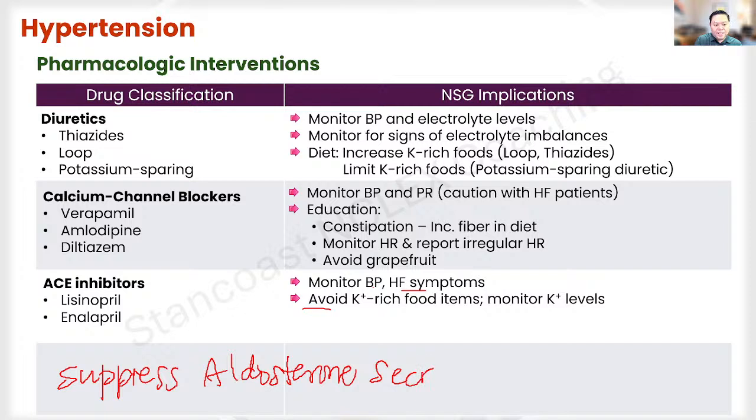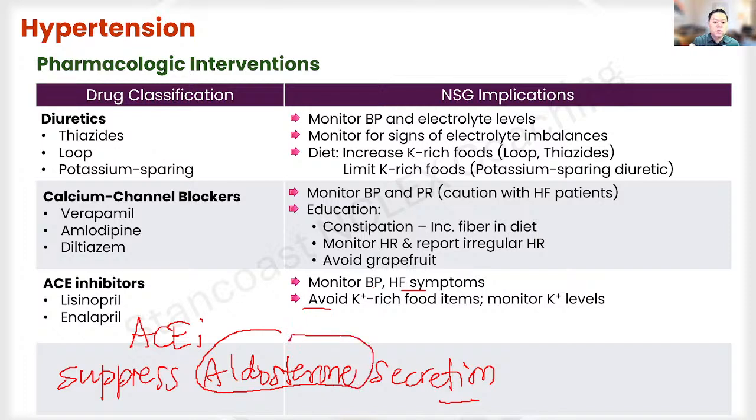It suppresses aldosterone secretions. And remember, guys, what is the main controller? What is the regulator for the potassium in the body? Remember that aldosterone is the regulator. And so if there is no longer a regulator for the potassium, then they're going to end up with hyperkalemia.